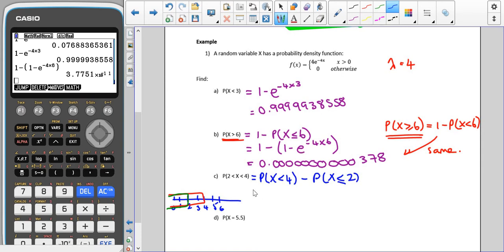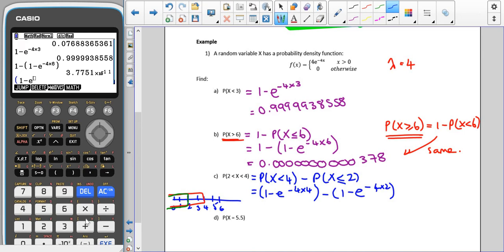So then we're going to do 1 minus e to the minus lambda, which is 4, times 4, minus, 1 minus e to the minus lambda, which is 4, times 2. So that gives us 1 minus e to the minus 4 times 4, minus, 1 minus e to the minus 4 times 2.